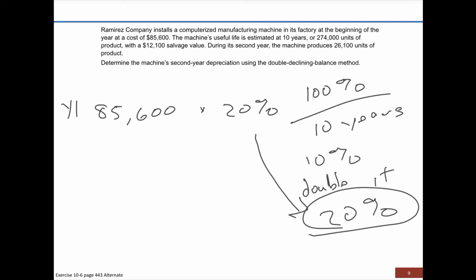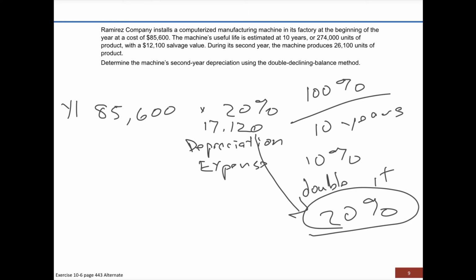So that would be what? 8,560 would be 10%. So 17,002, is that what you said? Oh, yeah, you're right. 17,120. Okay, so year one, 17,120 would be my depreciation expense or depreciation recognized. What does that leave you with? 68,480.